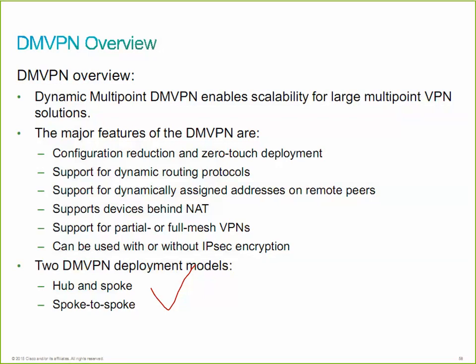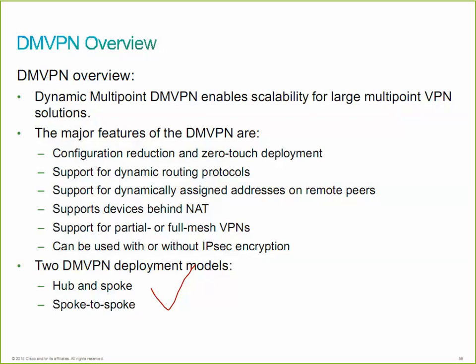DMVPN provides scalability with this configuration on the hub router, but it doesn't facilitate any direct spoke-to-spoke communication, which in a lot of cases can be very inefficient. Obviously you can understand that the hub can be overwhelmed with a lot of traffic or a lot of information if all of the traffic has to pass from spoke to spoke through the hub.